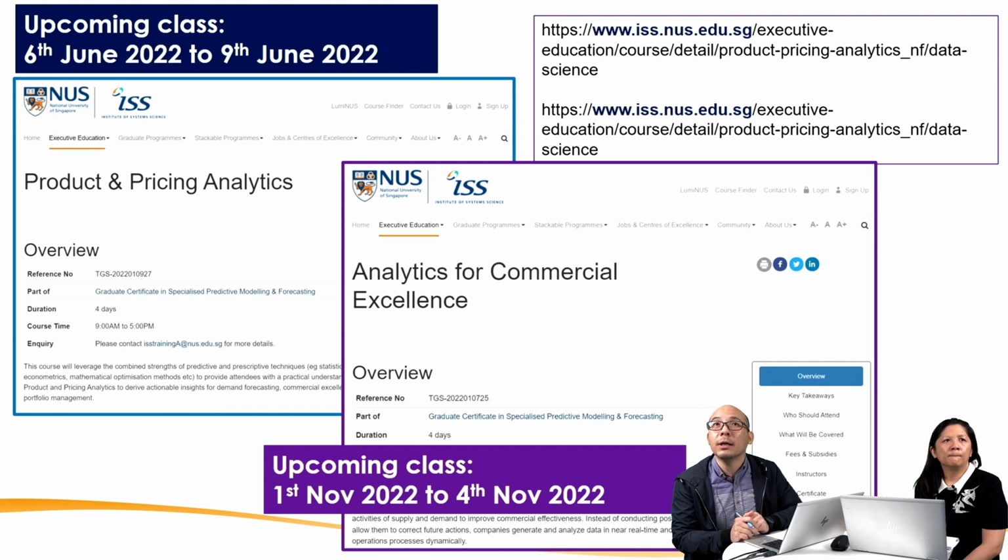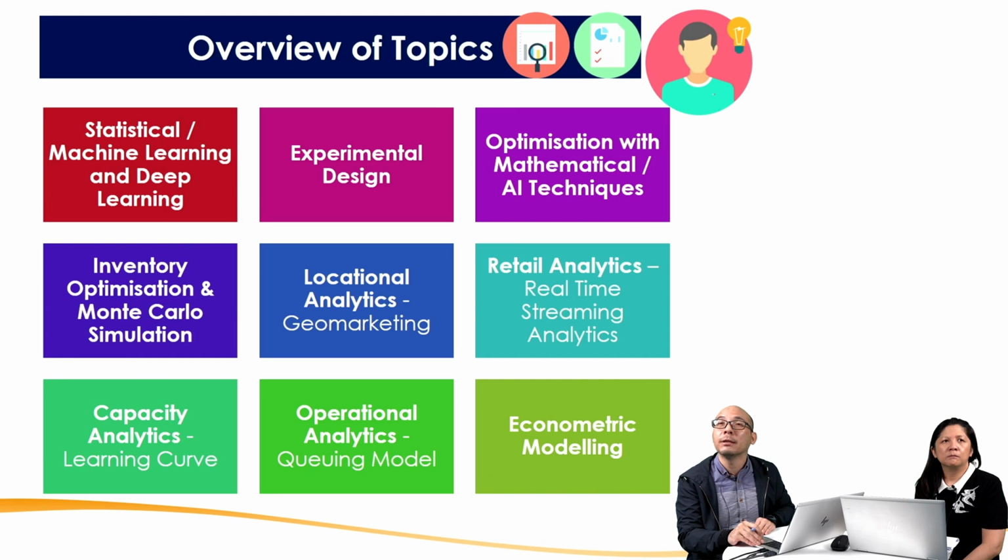More importantly, the upcoming class for the first course, product and pricing analytics, is from 6th of June to 9th of June, whereas the subsequent course, analytics for commercial excellence, will be on 1st of November to 4th of November. Do visit our website for all the information published there.